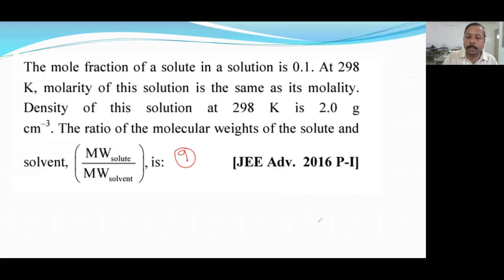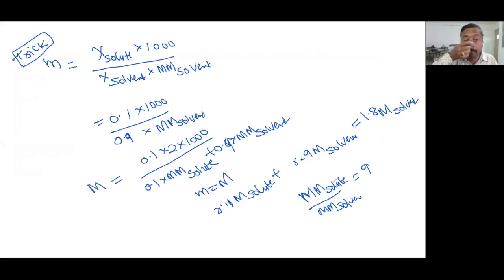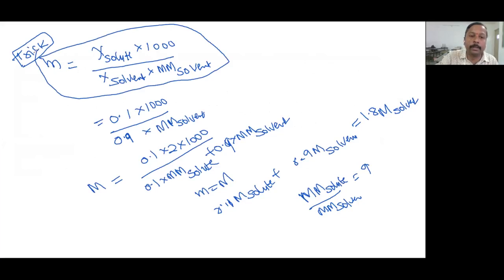And how is it so? Detailed explanation, let us see. Okay, this is the detailed explanation. Molality is equal to, this is a direct formula, mole fraction of solute divided by mole fraction of solvent into molar mass of solvent into 1000.